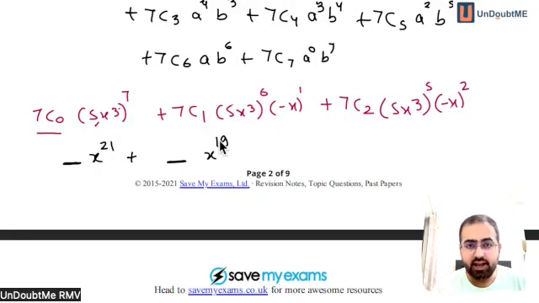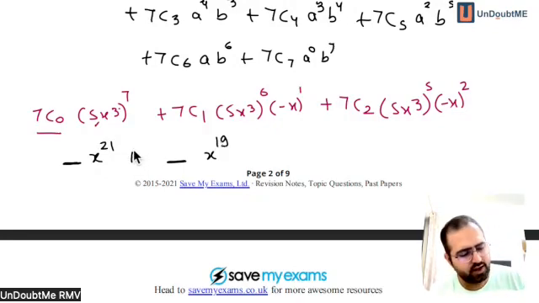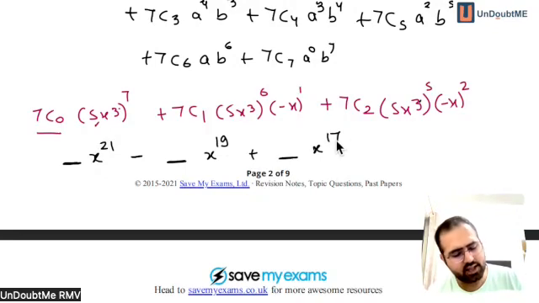There is a minus sign, I can put the minus sign over here. And at last, I have another blank, which is 7c2 times 5 to the power 5. The power of x will be 3 fives are 15, plus 2, 17. Minus x whole squared will be plus only.